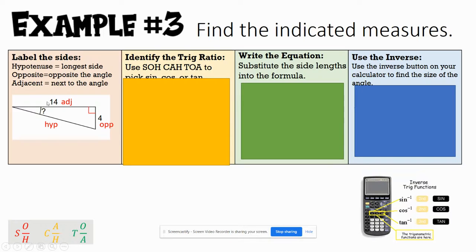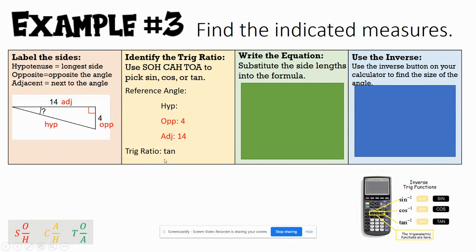Take a look at what two side lengths you know. You know the adjacent and you know the opposite side. What trig ratio uses the opposite and the adjacent? If you said tangent, you are correct. When you write your equation, you're going to be using tangent of your mystery angle set equal to the opposite over the adjacent side.